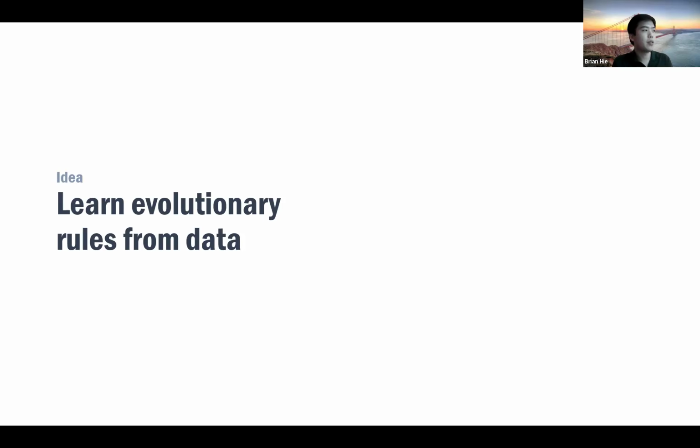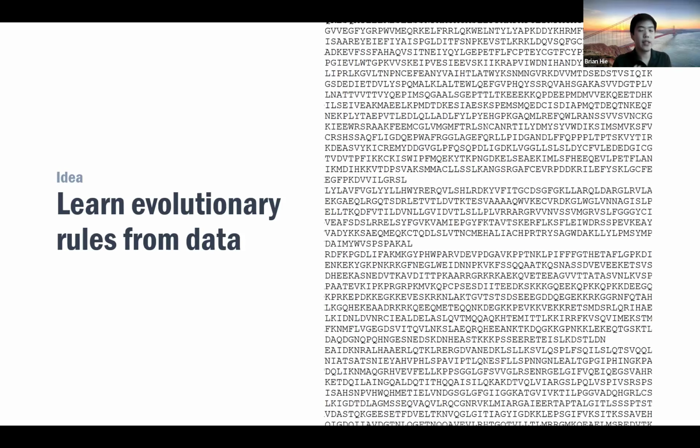For example, there's hundreds of millions of protein sequences that are publicly available. And these are proteins that have been undergoing natural evolution. And so a question you might ask is, are there patterns? Are there non-random patterns in the sequence variation of these proteins that reveal something about the underlying evolutionary rules that were used to generate these protein sequences?